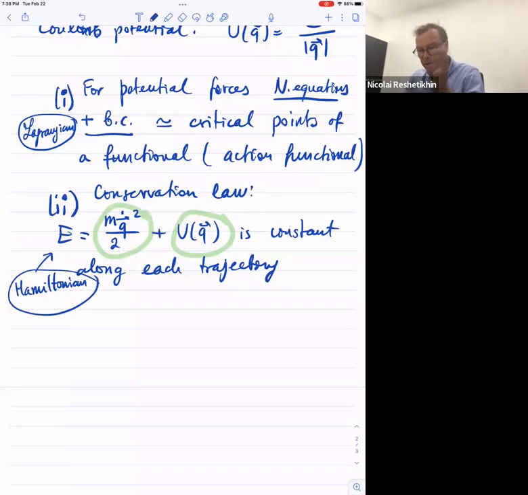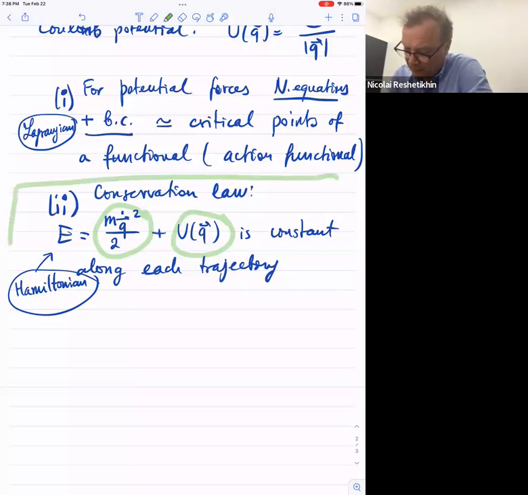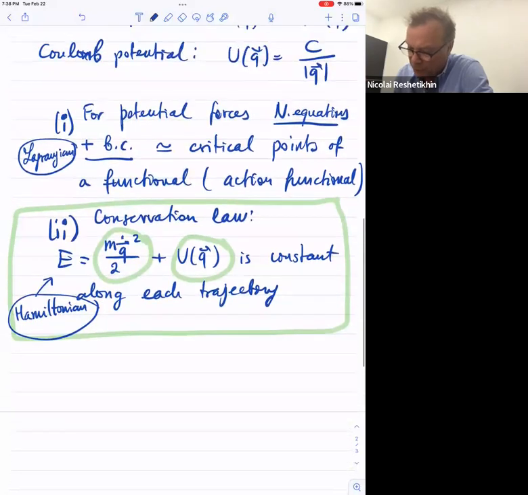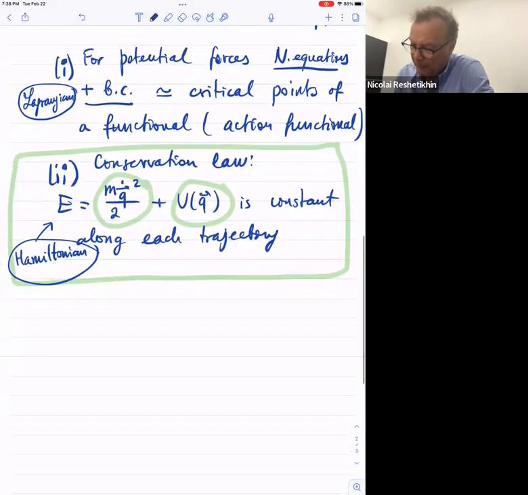And jumping ahead to quantum mechanics, I should say that for quantum mechanics, the most important thing is the Hamiltonian approach. But in this first part that concerns classical mechanics, we will discuss both the Lagrangian and the Hamiltonian approach.